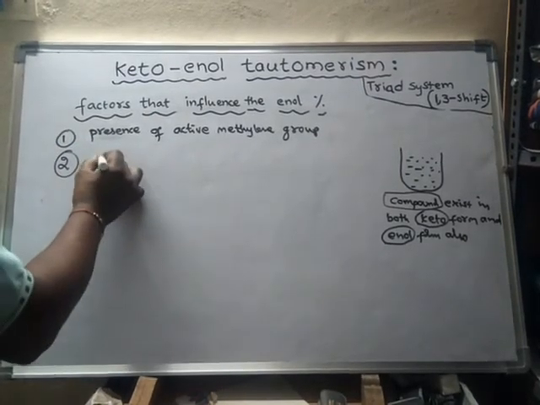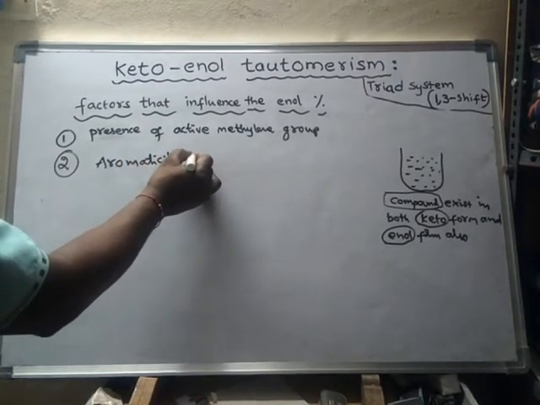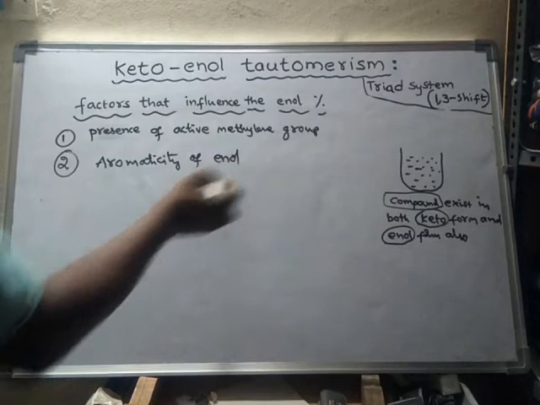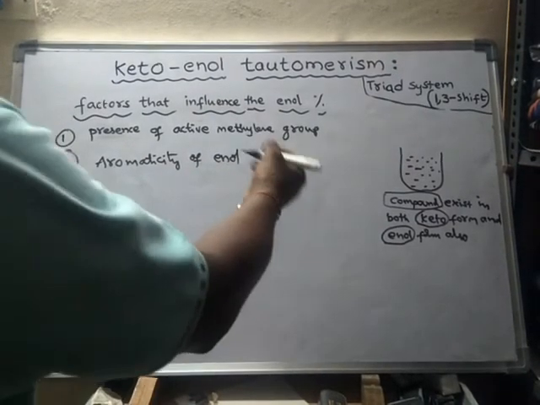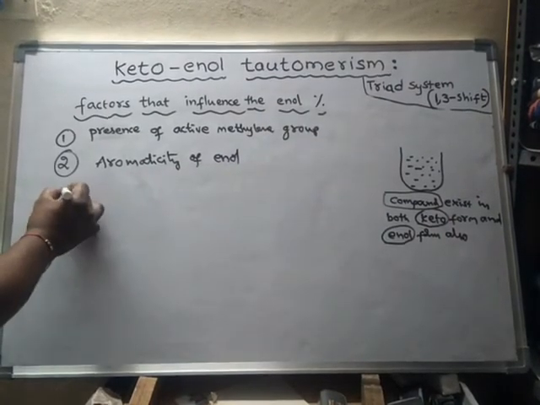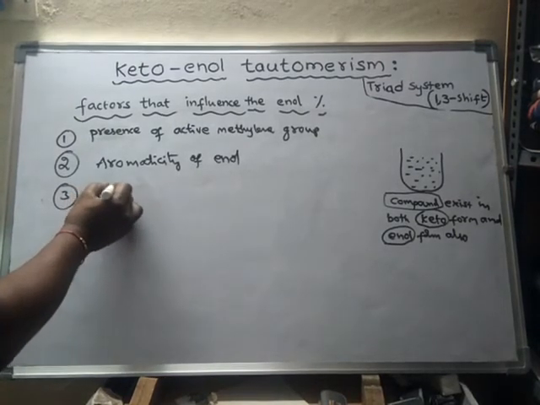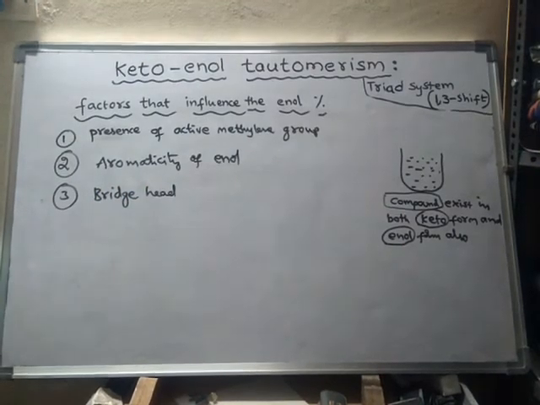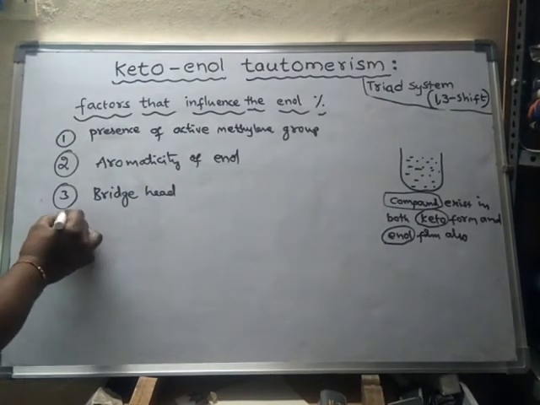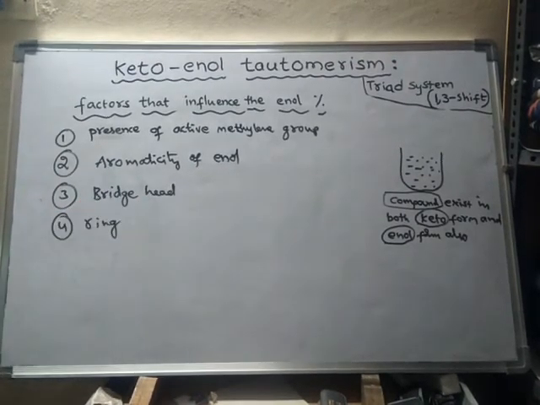Next, aromaticity of enol. If the enol has aromaticity, then the percentage of enol will increase. Next, bridgehead factor. Next, the presence of the compound in the form of a ring.